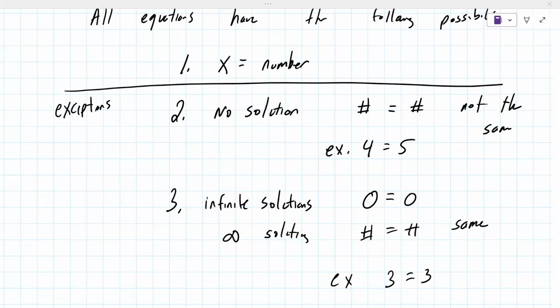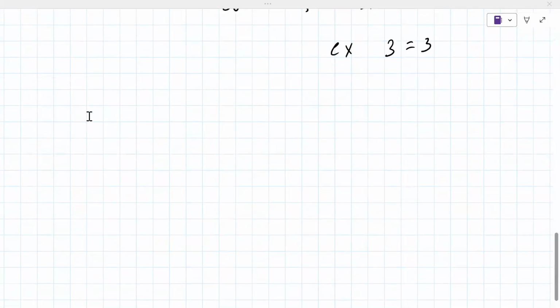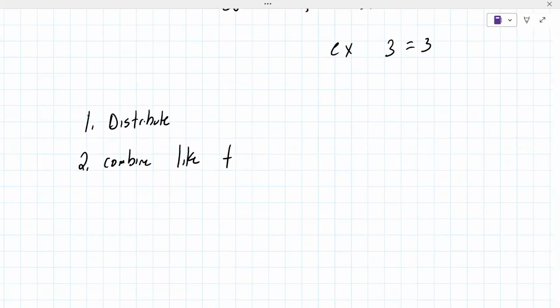So let's look at a few more of these. And if you recall, there was a bunch of other things that we could do to solve these. Like you might be asked to distribute. You might be asked to combine like terms. You might be asked to move to one side.